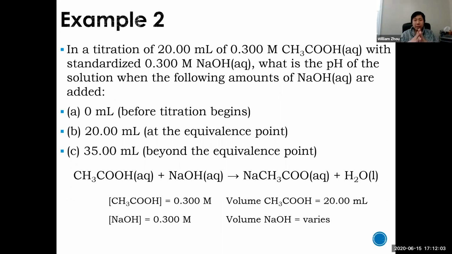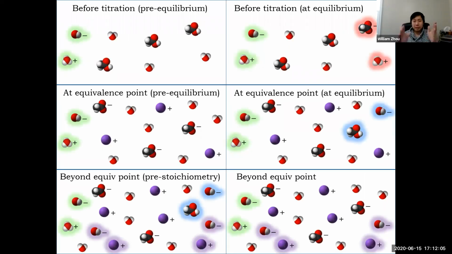But first, let's look at this diagram here. Who's present at what stage? It is very important that you are clear about what is going on in the solution. It is better for you to actually understand what is happening on the molecular level when you perform calculations.